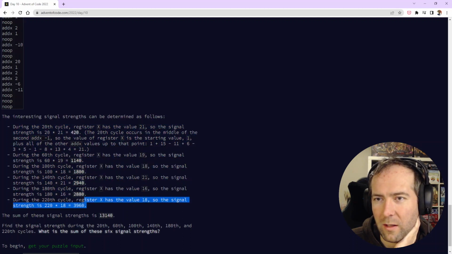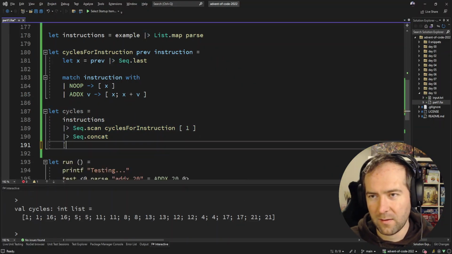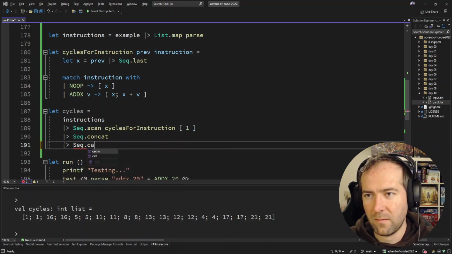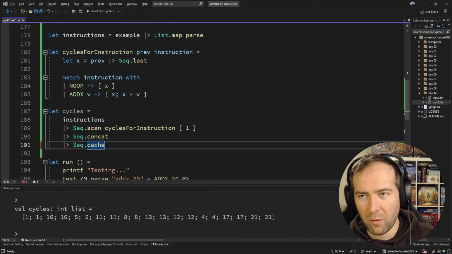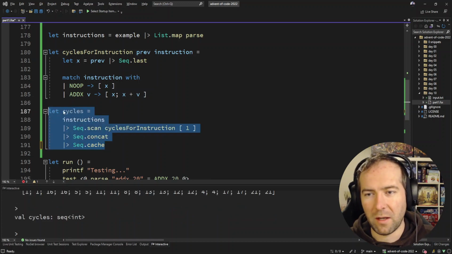So how many do we need? Oh, you know what? That's actually it. So this is our cycle list, and let's cache that. It's a sort of memoization. So if you loop over this thing 5 times in a row, it only calculates every element once.